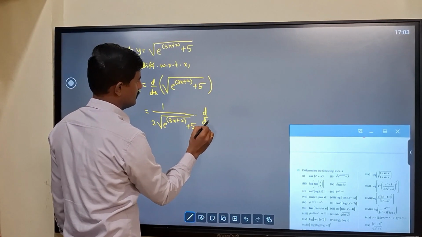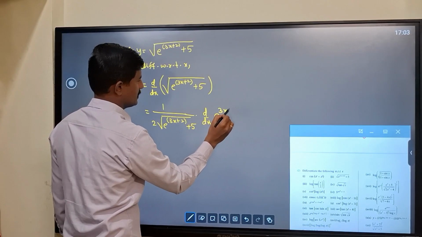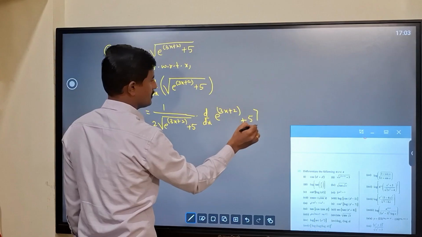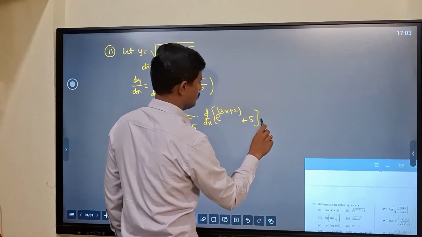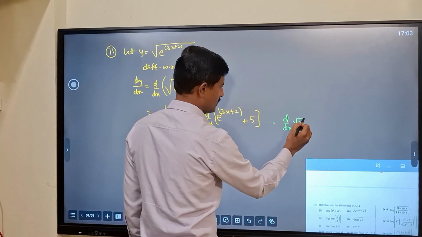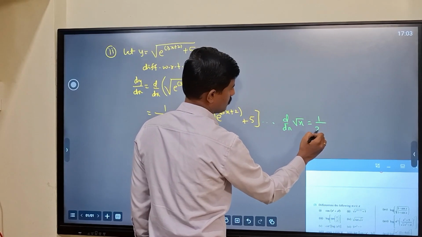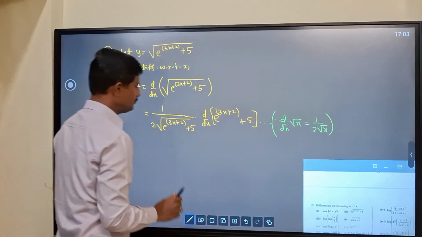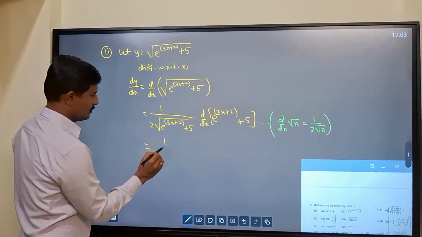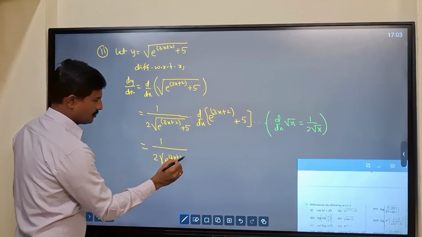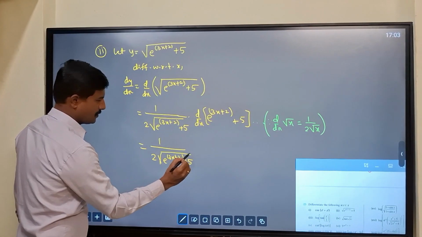Again d dx of e raised to 3x plus 2 plus 5. Here we used the formula d dx of square root of x is 1 upon 2 root x.